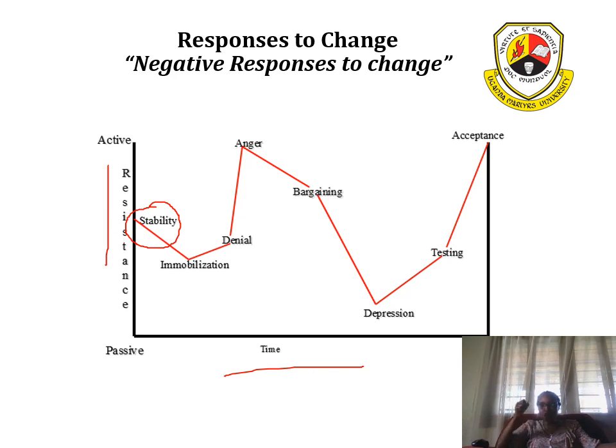Why? Because things have been working, so why are you changing? Communication remains key. Normally, this comes with immobilization, especially when you yank something from under somebody's foundation. Remove it from them and bring in something new.